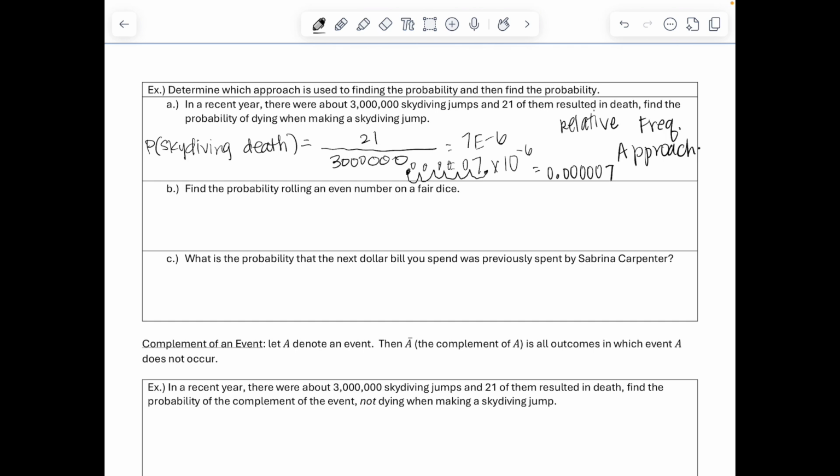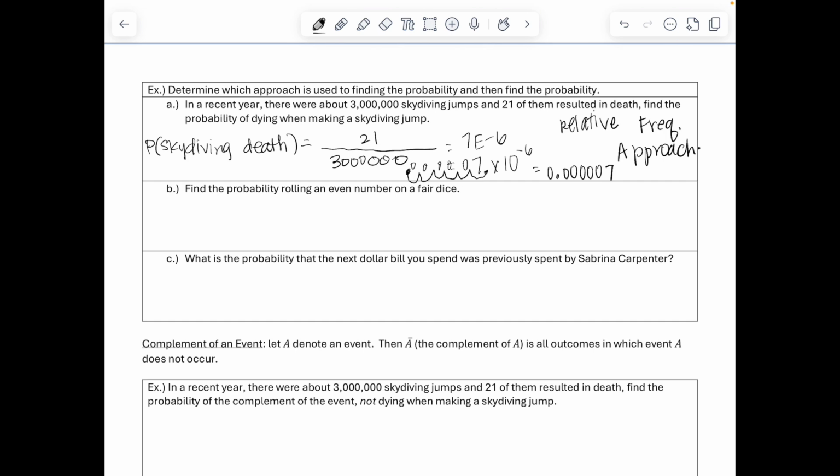Usually it asks you to round so many decimal places, and we'll get into that in a moment. But for right now, we'll say this answer is very small, very unlikely. So 0.000007.